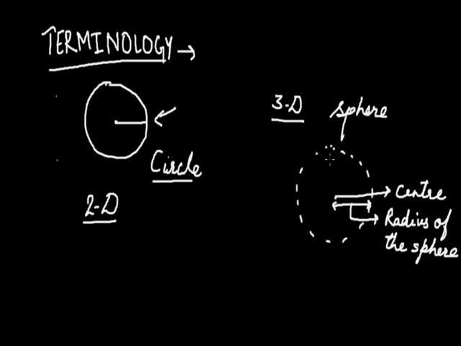So let's study how we can use this mathematical or geometrical concept over spherical mirrors. So this is the concave mirror, which is actually cut from a sphere, or we can say the spherical mirror. This sphere should have a center, and this center is called the center of curvature for the concave mirror.